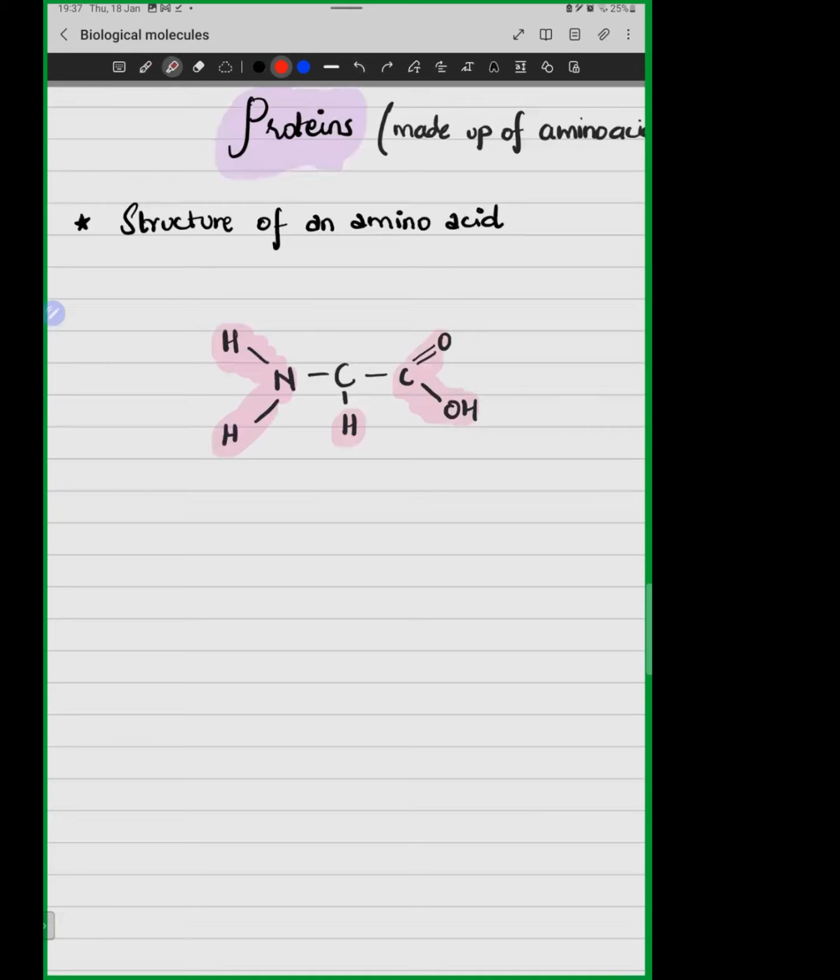But what makes every amino acid different from the other is an R group. ये जो R group होता है ना, ये हमारे पास डिफरेंट ग्रुप्स ऑफ एटम्स हो सकते हैं. खाली कोई एक एटम हो सकता है, कोई हमारे पास ऑर्गेनिक केमिकल कंपाउंड हो सकता है. So this can vary for every amino acid.